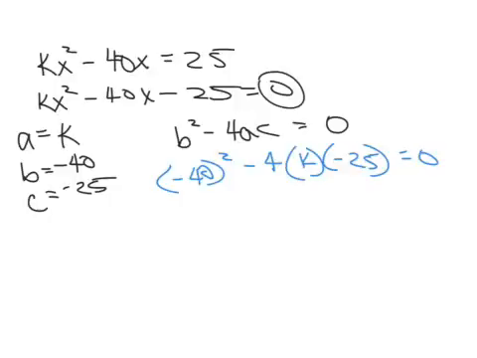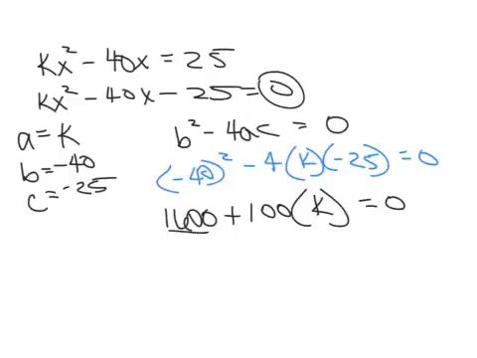So 40 squared is going to be 1600 minus 4, well, actually, let's do this. 4 times 25 is 100, a negative times a negative is a positive, so this is going to be a positive 100 times k, equals 0. Let's subtract that from both sides.